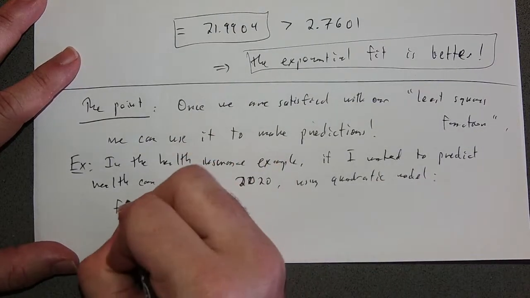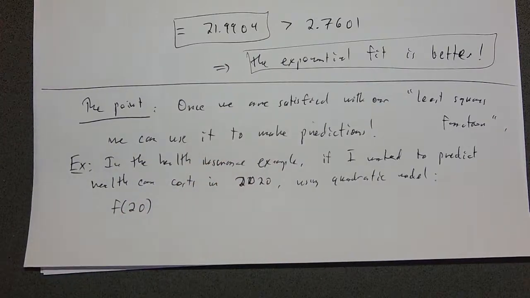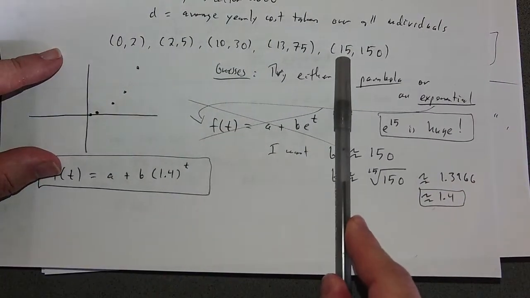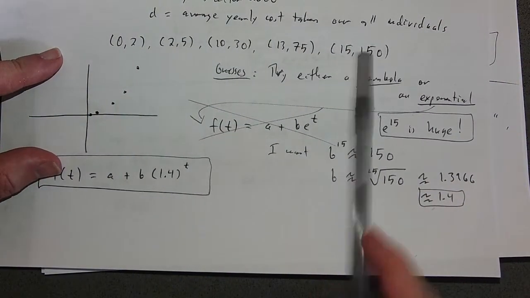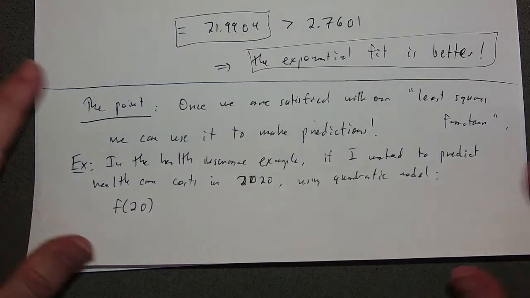I would simply evaluate this function at 20. Notice that in the data points I had, I had only collected data up to 2015, so this is me predicting 5 years out, simply by plugging in 20 here.